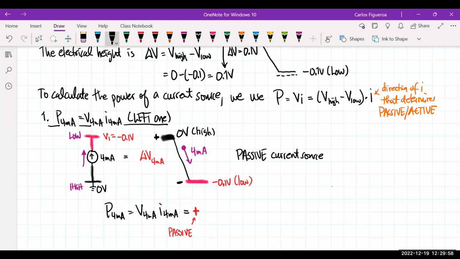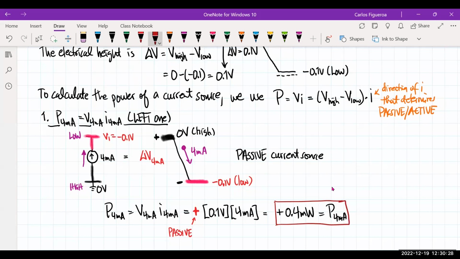The voltage is 0.1 volts and the current is 4 milliamps. So now this becomes positive 0.4 milliwatts. And that's the power of the 4 milliamp source. And as we already said, because it goes from the high to the low, this is passive. Let's go to the next one now.